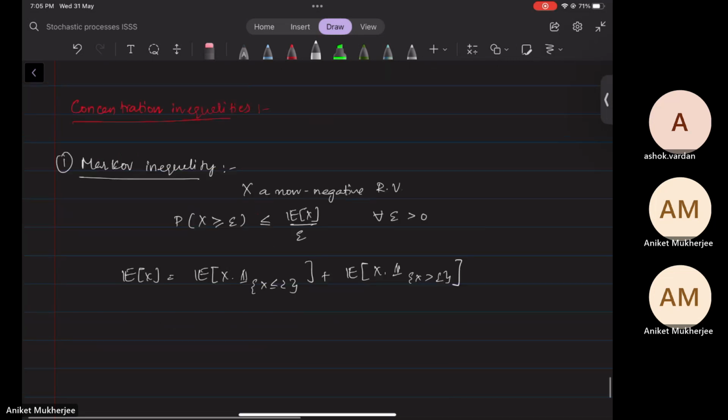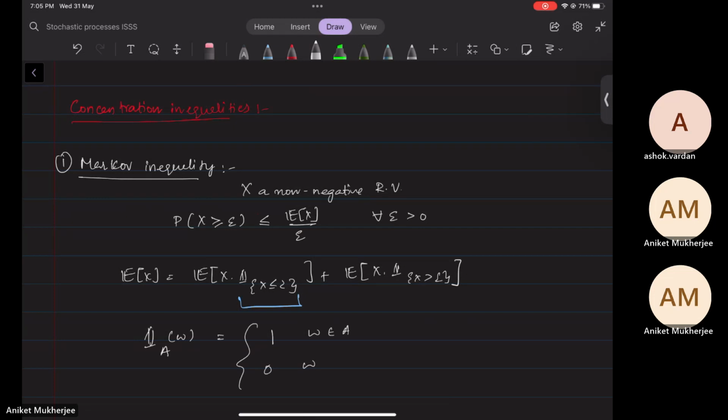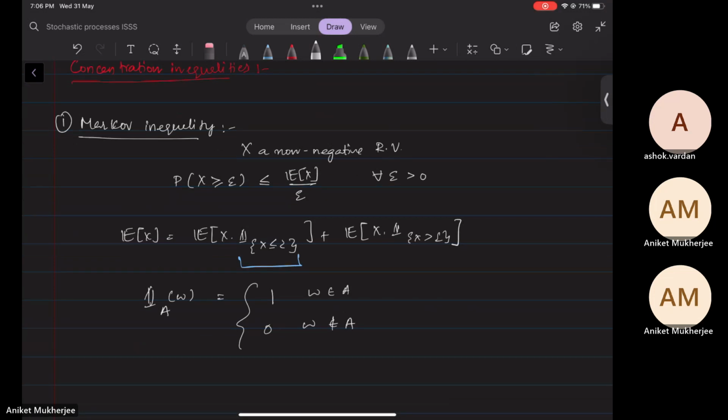Okay, so let me first describe what an indicator function is. So if I have an indicator of A, as a function of omega, which is a random variable, this is 1 if omega belongs to A, 0 if omega does not belong to A. So what it does is partition the whole sample space into the event that you're interested in and the event that you're not interested in.